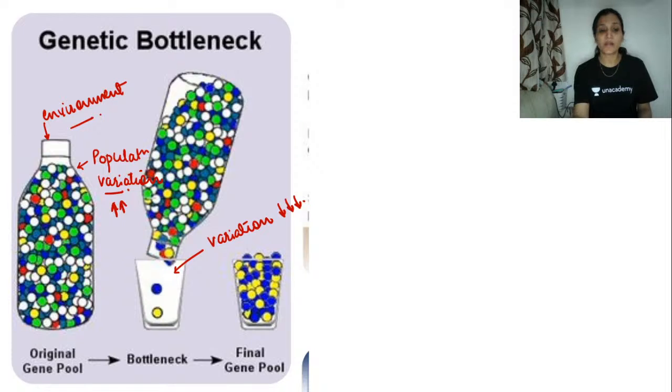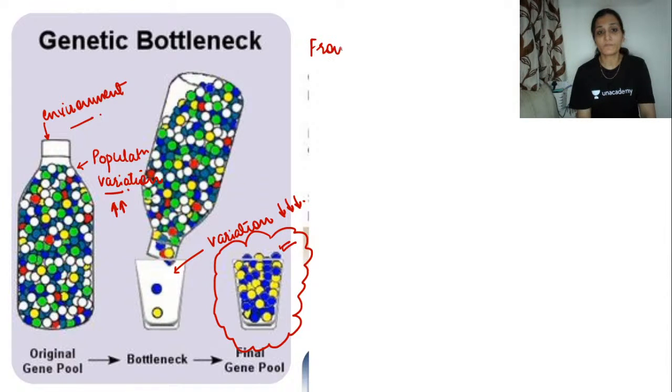Coming further, on seeing the two colored balls, can we say that the other colored balls were also existing? Can you guess that the original bottle also contained red, green and white colored beads? No, you cannot guess from this glass where it has come from.